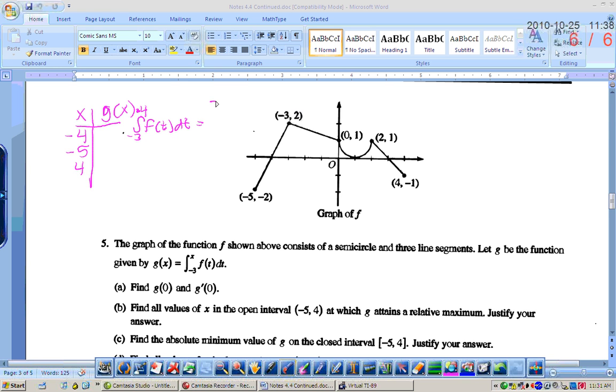So that's really the same thing as negative integral from -4 to -3 of f of t dt, from the definition of g of x down here. All right, so the integral from -4 to -3 is this little triangle right here.